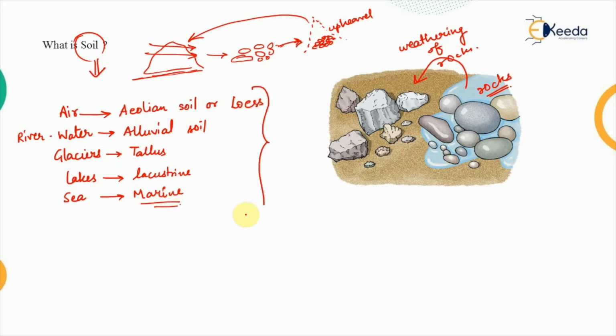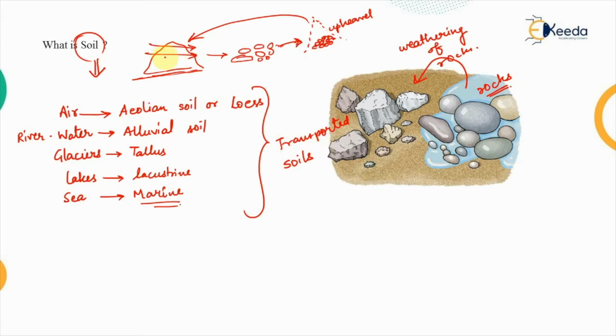Now all of these are transported soils. That means the weathering agency that is eroding or disintegrating the rock is also transporting the eroded material. That's why such soils are known as transported soil.